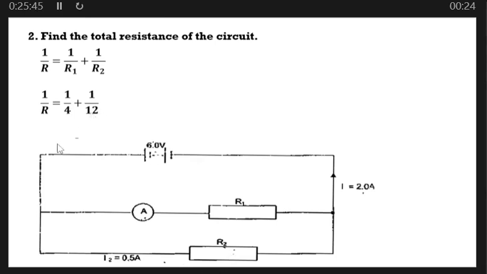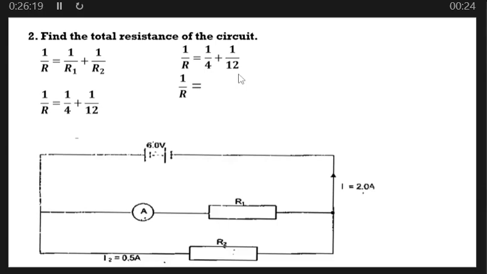Then what we are going to do here is to add. So we'll say 1 over R is equal to, so we find the common denominator. So this is like a fraction, like mathematics that we do always. In adding such fractions, we look for a common denominator in which 4 and 12 can go without giving a remainder.